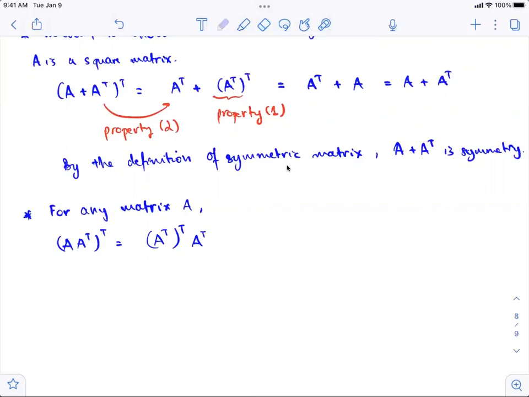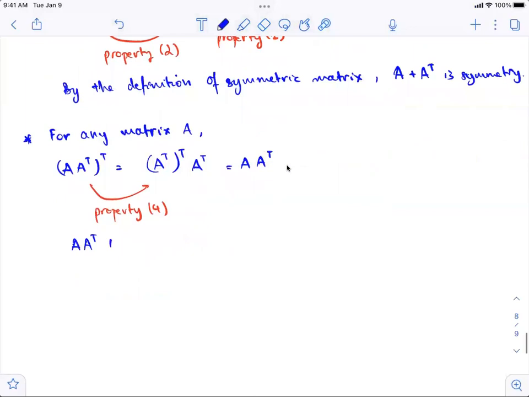This is property number 4 in the list of properties of transpose. From property number 1, this gives me A times A transpose. So the transpose of A times A transpose is equal to itself.